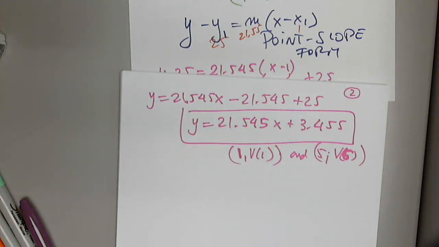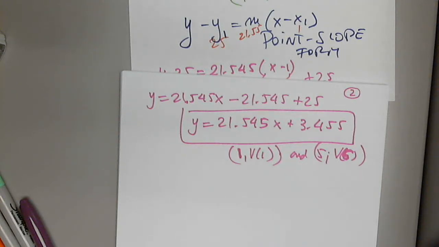Okay? So please hit graph. Here comes the original function. And now this is v of 1, and this is v of 5. And the line has to pass through these 2 points. And the slope of this line is 21.545.